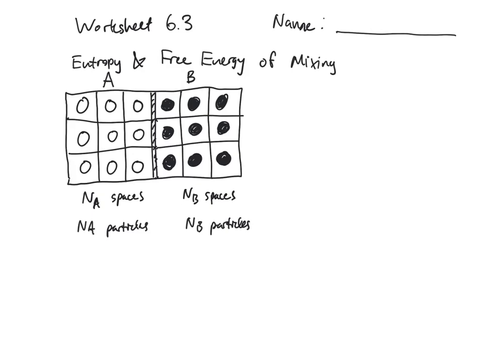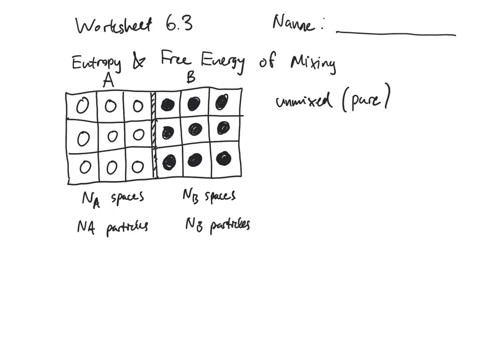All right, we've been talking about ways to arrange the system, and hopefully you see that there is only one way to arrange the system like this, for the unmixed, or we might say the pure system, where each component is pure.